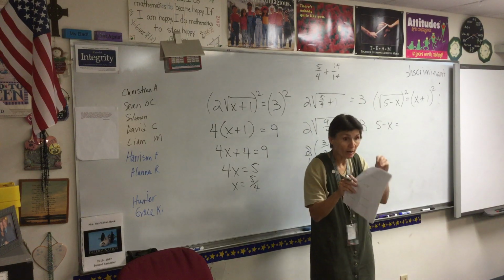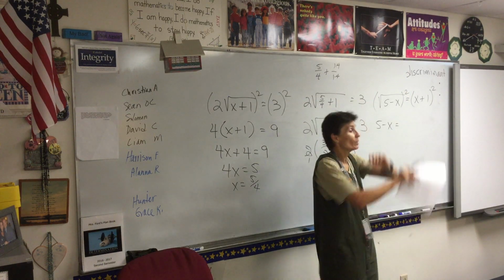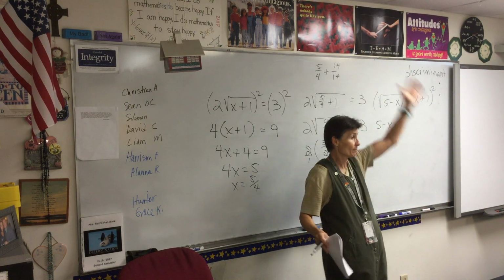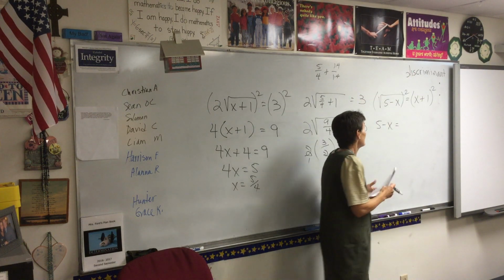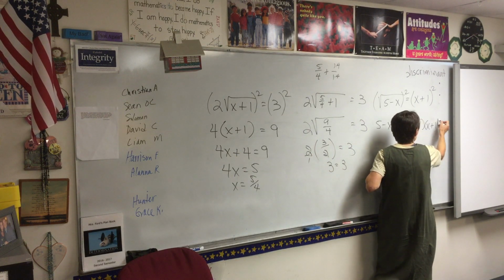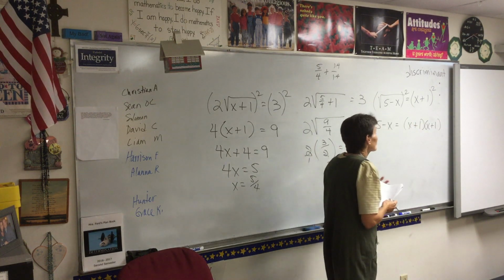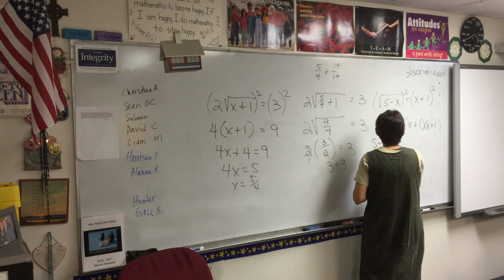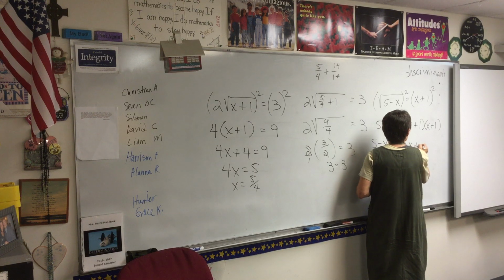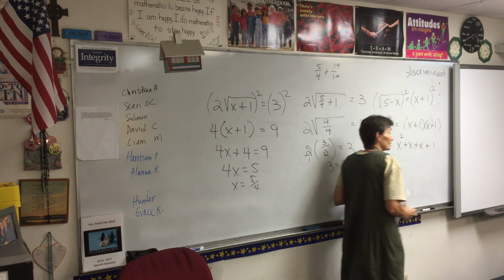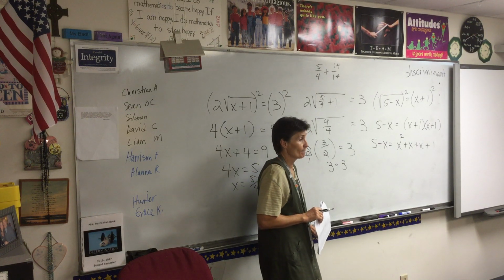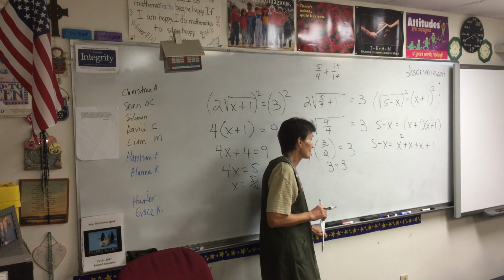When we say square both sides, we mean you square the side. So this is going to be x plus 1 times x plus 1, which is a FOIL, x squared plus x plus x plus 1. Remember, FOIL means first, outside, inside, last, how we multiply binomials.